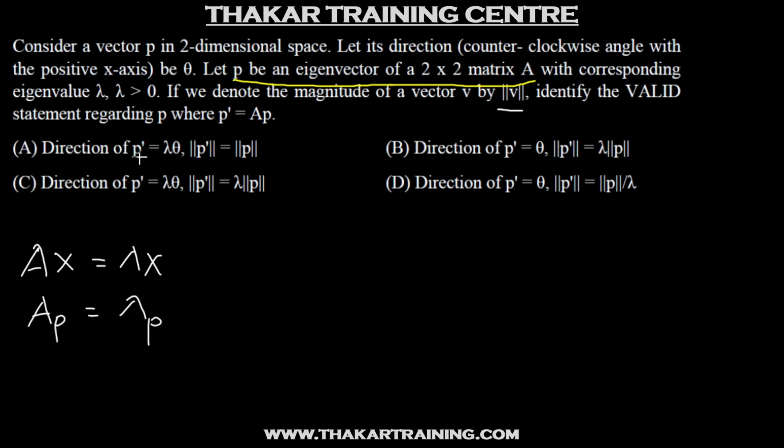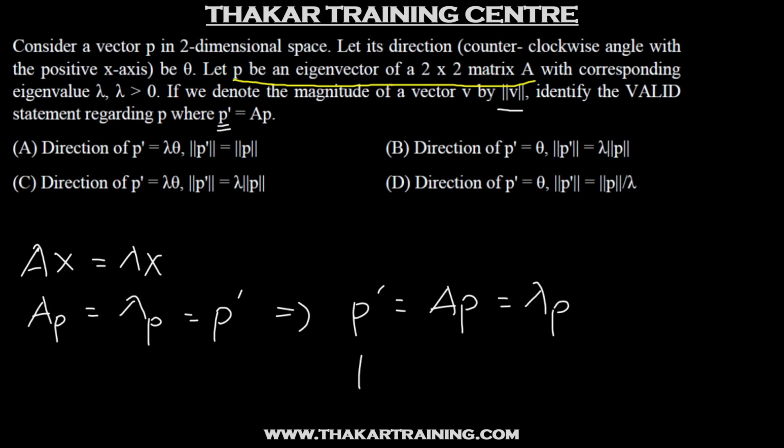It is asking about direction and magnitude. So what is happening to the magnitude of p prime? P prime is A into p, which by the definition of eigenvector is lambda into p. So p prime is lambda p.